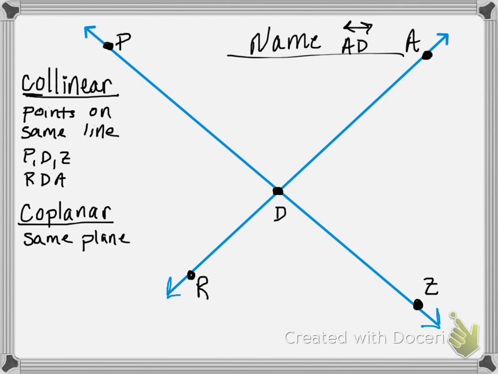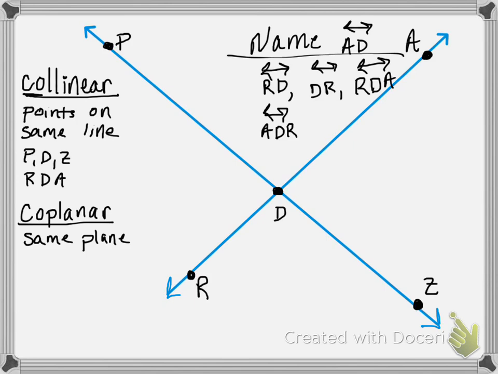We could also name that as line RD or line DR. We could name it as line RDA. We could name it as line ADR. So there are several combinations we could use to name this line that we have.